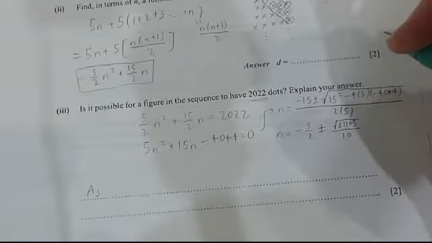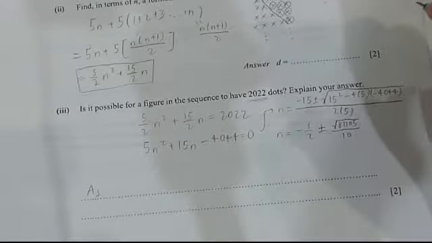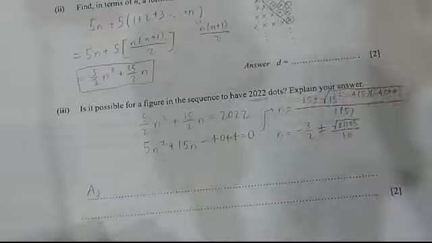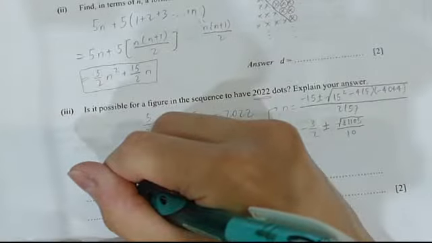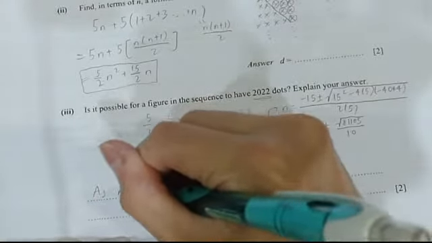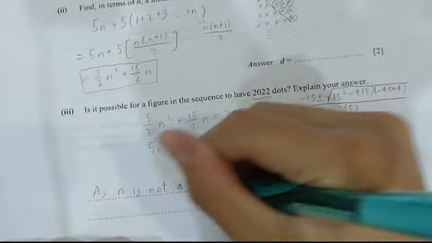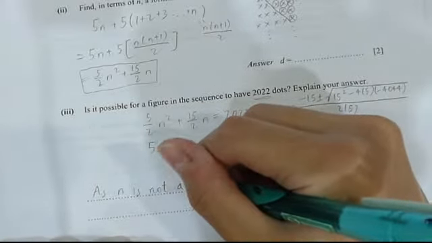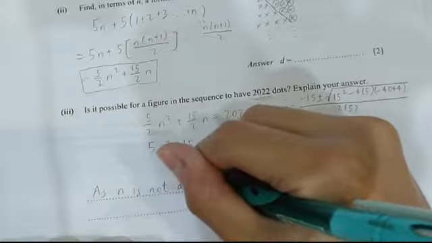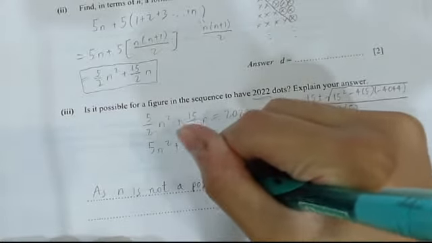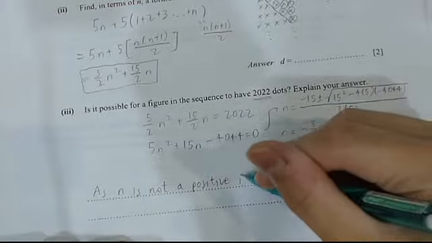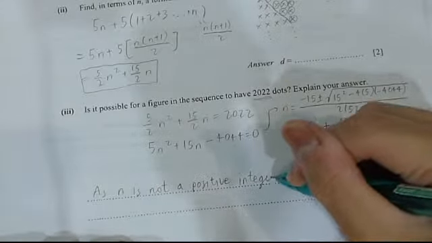I usually just bullshit these in the exam. But wait, n is not a whole number. Okay, fine, positive integer. Oh my god. n is not a positive integer.